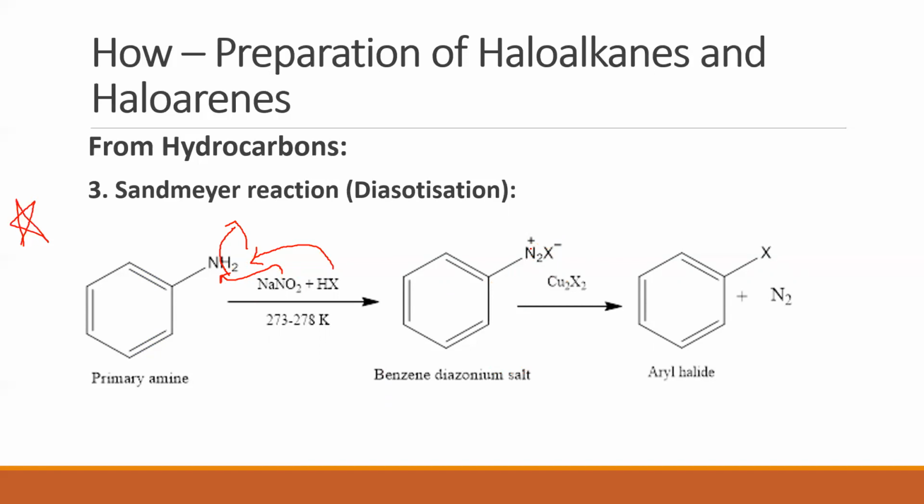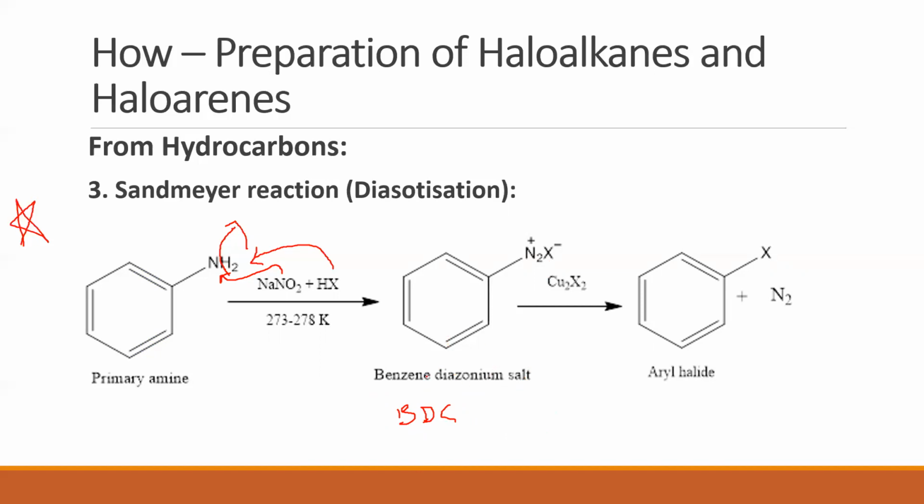A salt has both an acid radical and a basic radical, or a positively charged ion and a negatively charged ion. Hence this is a salt. This salt is called benzene diazonium salt, or if this halogen is chlorine, it's called benzene diazonium chloride, or BDC. So what is BDC? Benzene diazonium chloride. Clear? So this is what is obtained.